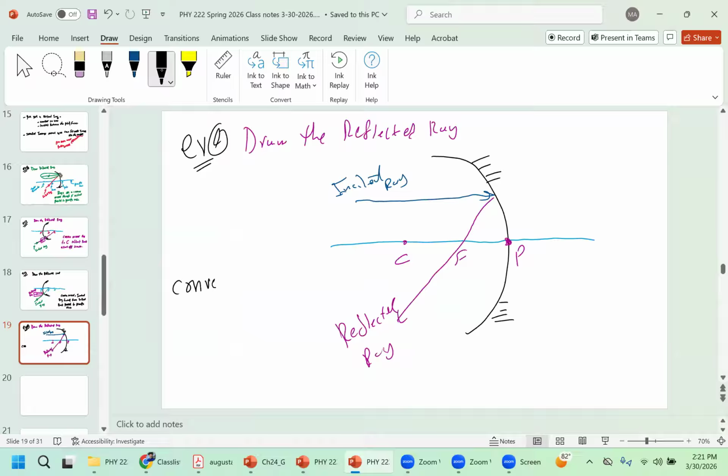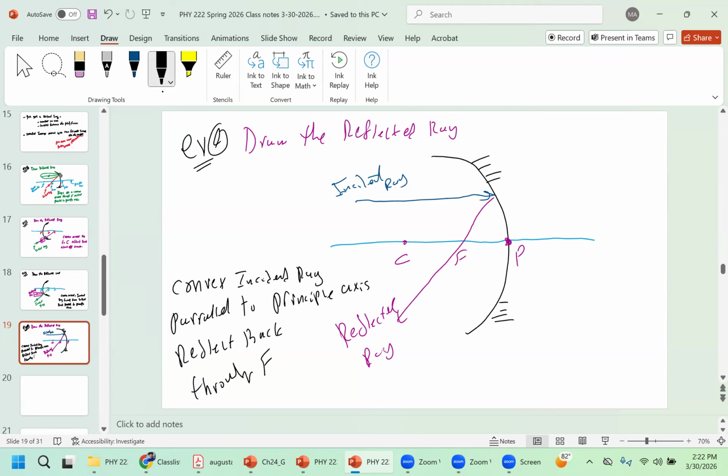So basically, your convex mirror: an incident ray parallel to the principal axis reflects back through your focus after reflection.